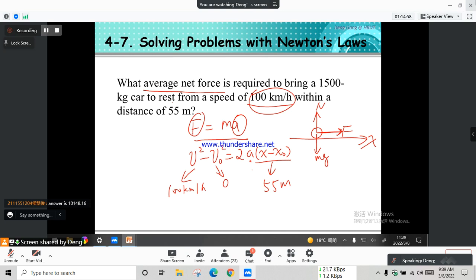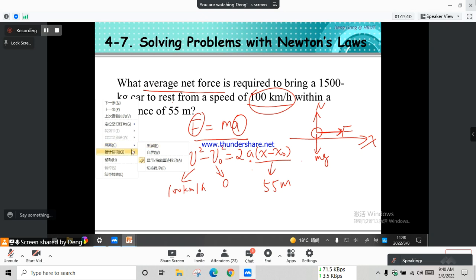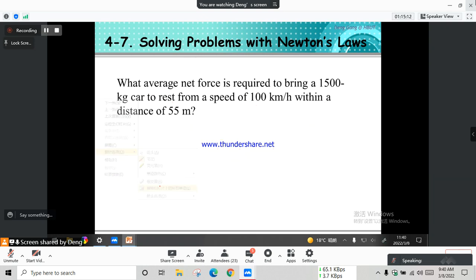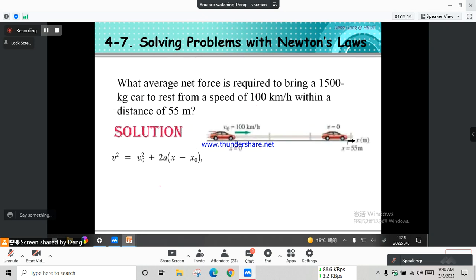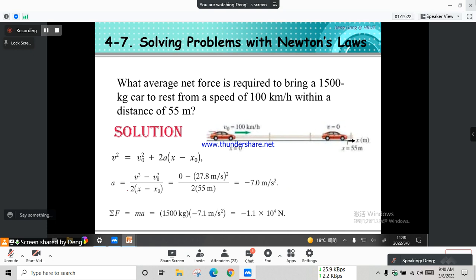Yeah, someone has got the answer. So finally, we can arrive at our conclusion. If we want to calculate F, we find out a, and F is equal to ma. So that's how we calculate it.